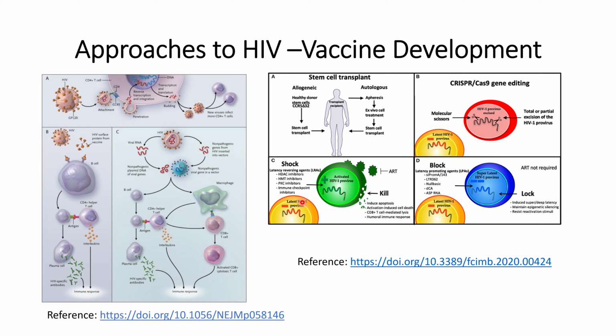The third one is the shock method. In this, antiretroviral therapy is used to kill the cells that have HIV-1 provirus. In this case, the antiretroviral therapy will induce apoptosis, and it will activate CD8 plus T cells that will lyse the HIV-1 provirus.